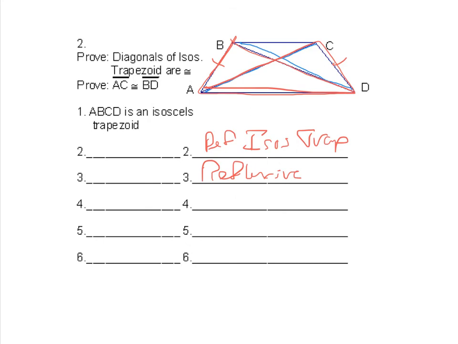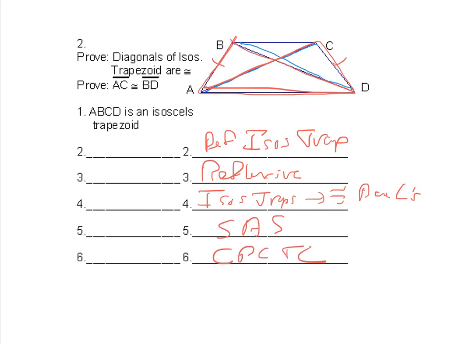And I'm going to have a property of isosceles trapezoids, so isosceles trapezoids have congruent base angles. I'm going to have an SAS and a CPCTC. You guys fill in the steps.